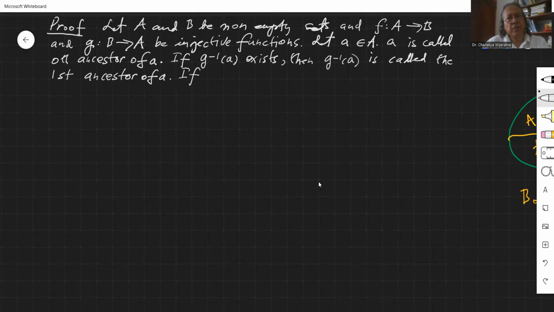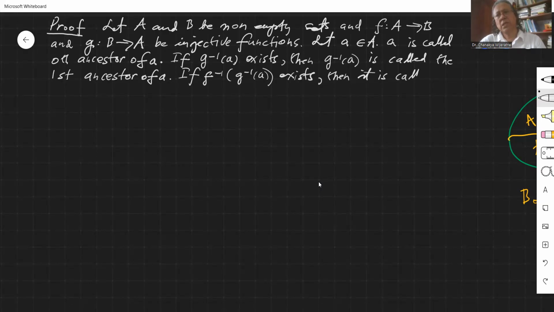If F inverse of G inverse of a exists, then it is called the second ancestor of a.